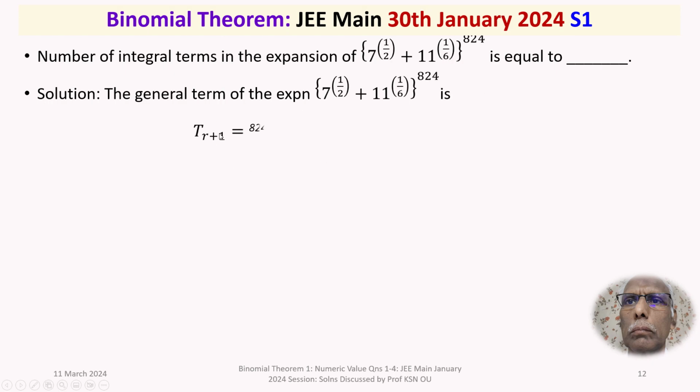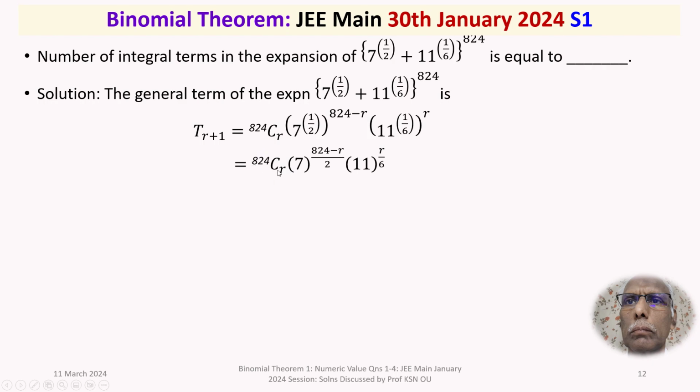That is T(R plus 1) is equal to 824 CR into (7 to the power of 1 by 2) to the power of 824 minus R into (11 to the power of 1 by 6) to the power of R. That is equal to 824 CR into 7 to the power of (824 minus R) by 2, into 11 to the power of R by 6.